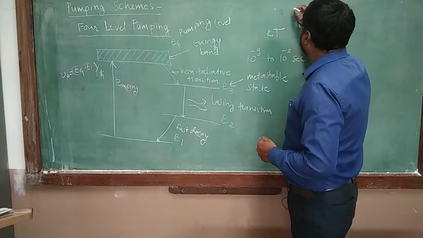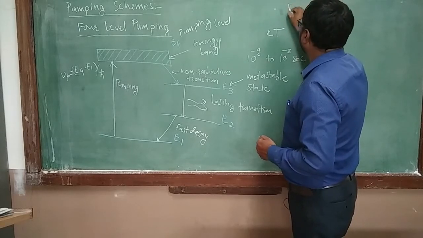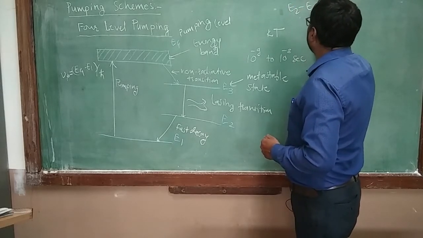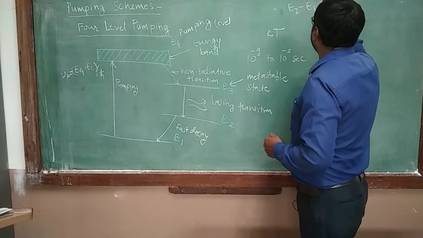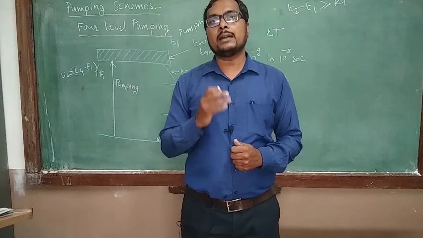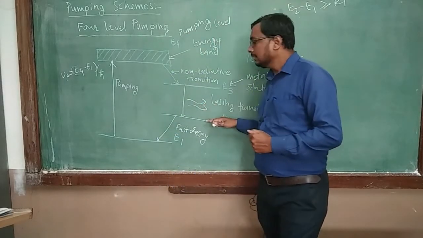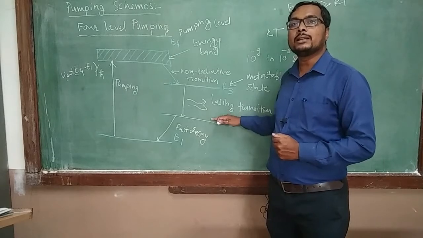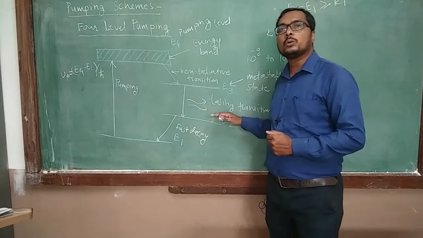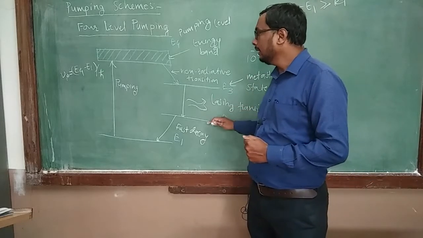That means the energy of the level E2, or the separation between the two levels, must be much greater than kT. So this condition guarantees that there are no or very few atoms in the terminal laser level E2.